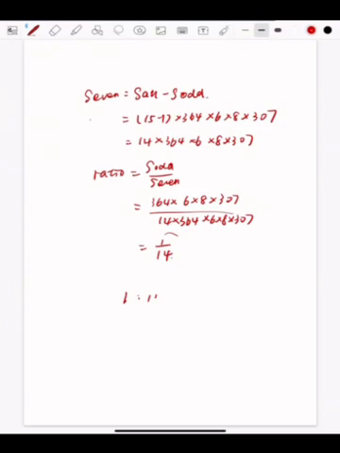We have this, so we know it. And then the ratio is here. After the calculation, we have these answers.